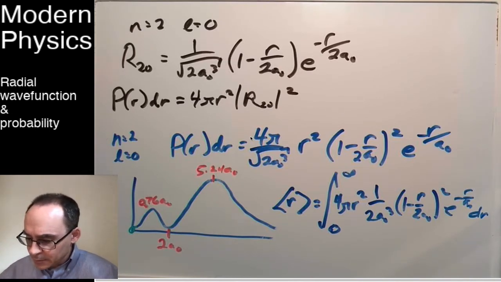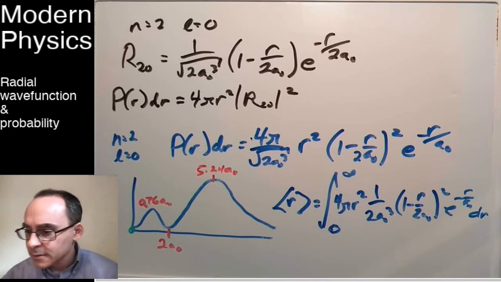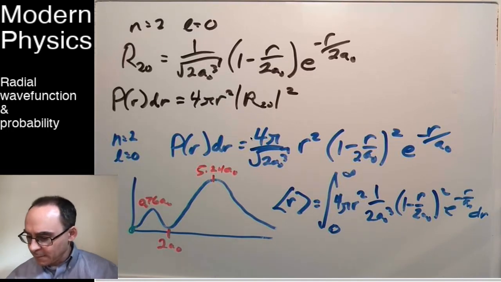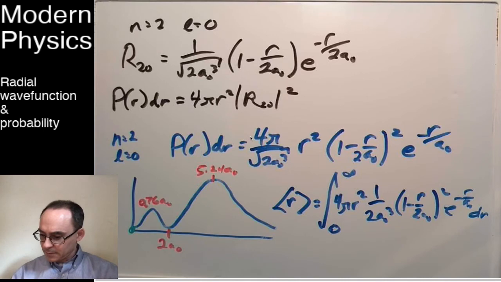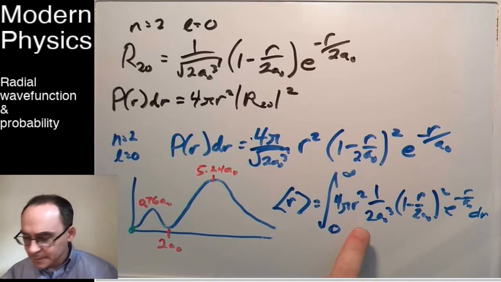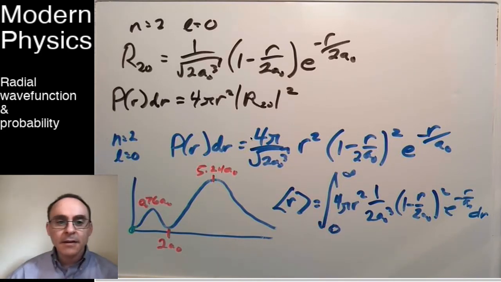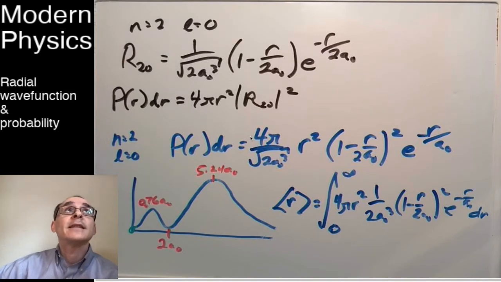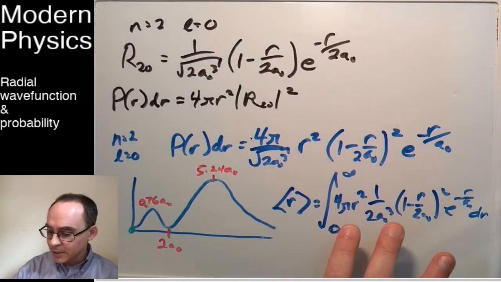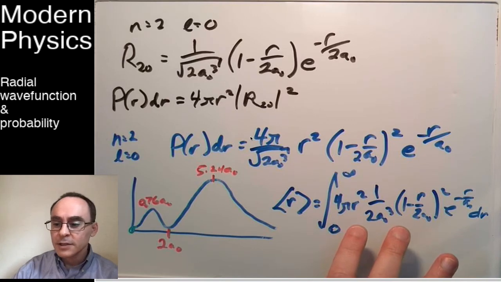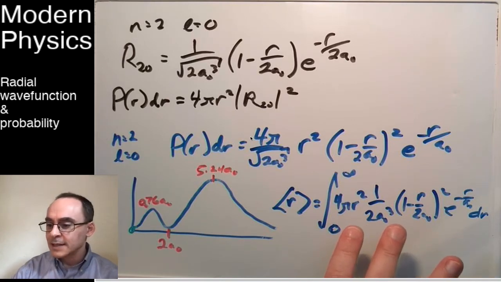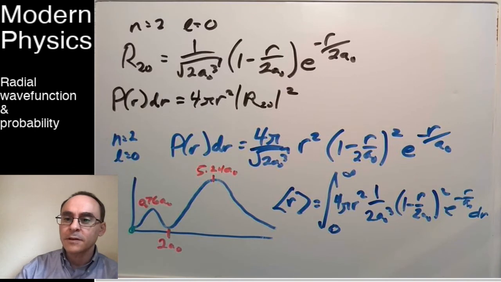I got to be a little careful about normalization, because that is going to affect what I get for my average value of R. The one thing I'm hesitant about is that I've basically treated this as if I've already done the angular integrals, and remember I said that for the spherical harmonic functions, people have different conventions of defining them.